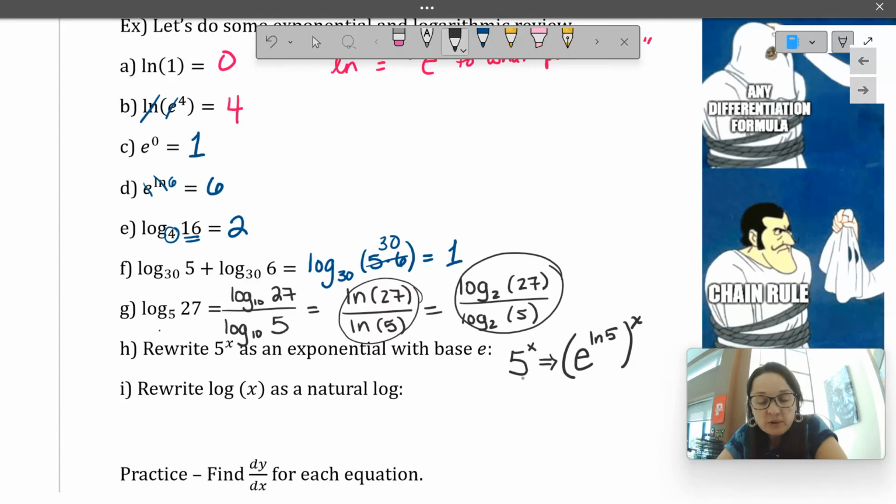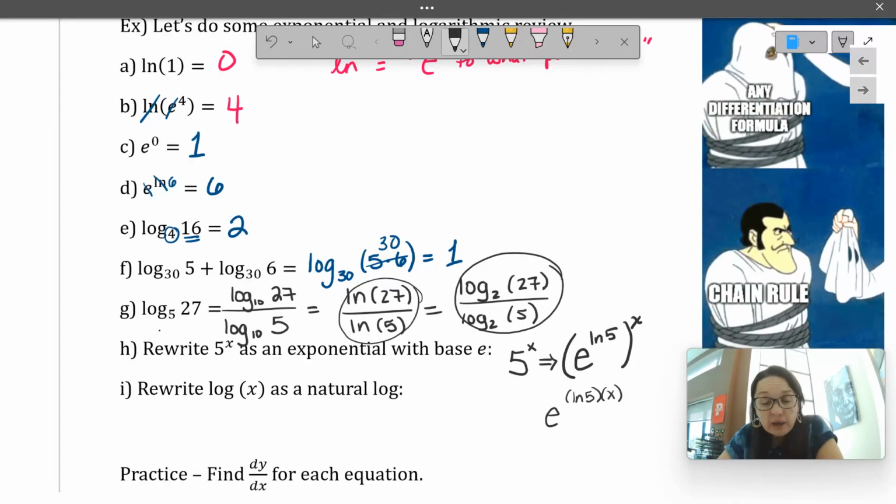What I'm basically doing is saying 5 can be written as e to the ln 5 because of that rule where e and ln, if they touch, they can kind of cancel out. So I can rewrite 5 as e to the ln 5 raised to the x. And then I can say that's the same as e to the ln 5 times x. Yes, because power to a power, multiply the exponents.